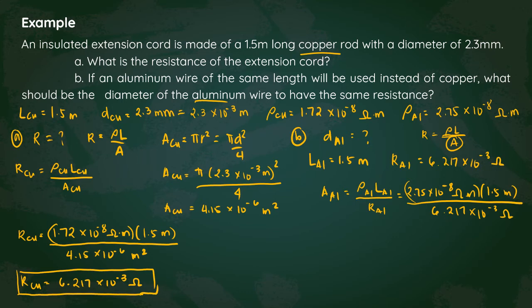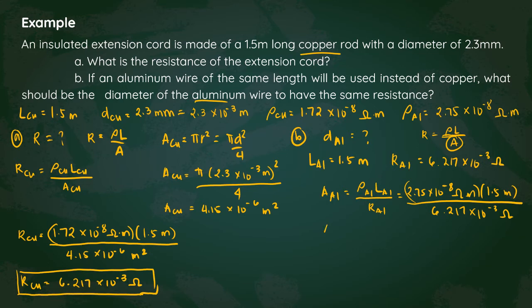Why do we have the same resistance? Because in the problem, what is asked is to solve the diameter that the aluminum wire should be for it to have the same resistance as the copper rod with the same length.